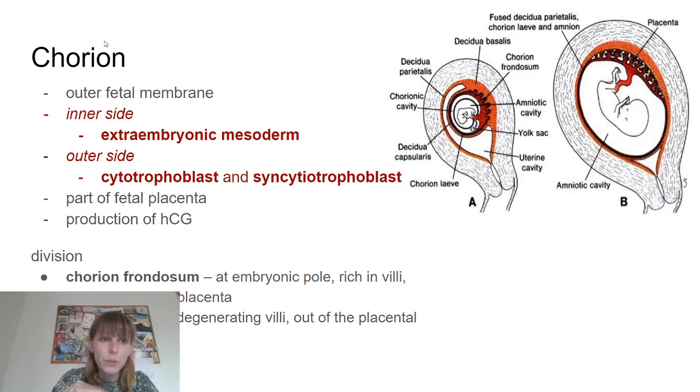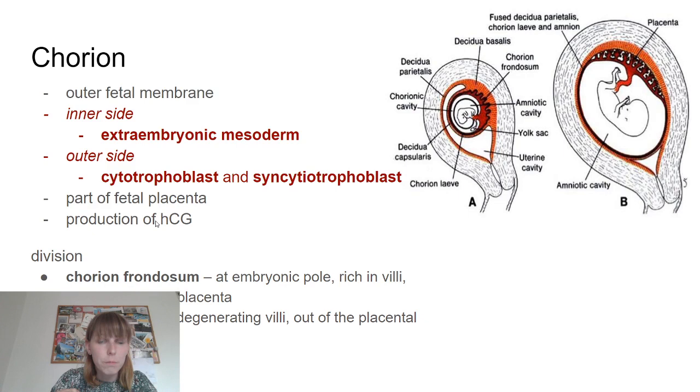And the cells of the chorion are important because as they proliferate and divide, they start producing a lot of a hormone called human chorionic gonadotropin. This is the hormone that we also mentioned last time, because it will inhibit the degeneration of the yellow body, the corpus luteum.